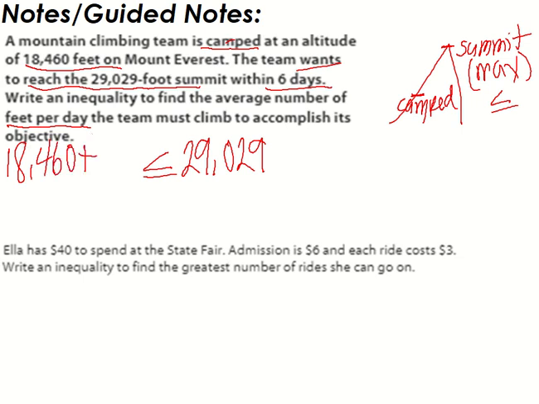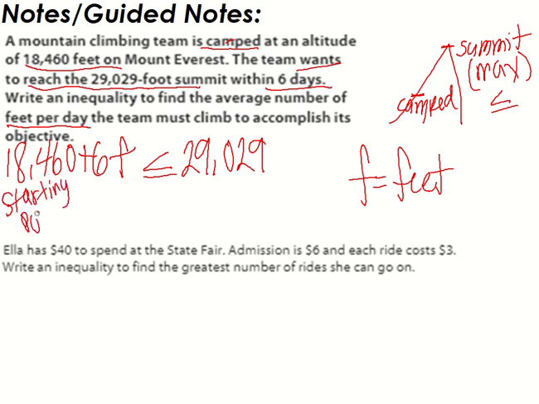And then they want to continue climbing for 6 days, but we don't know how many feet they need to go each day, with F standing for the feet. And there we go, there's our inequality, because here's our starting point, here's our ending point. And that's how we write that.